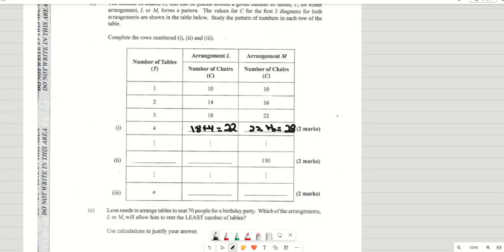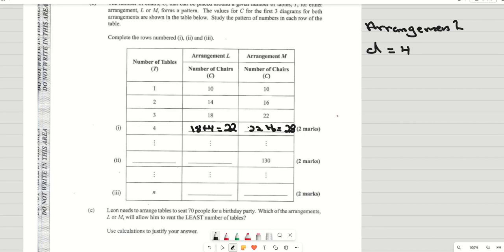If you did not recognize it this way, what we could have done is let's have arrangement L. If we look at this, we see that we have a common difference, or D, of 4, because the common difference between 10 and 14 and 14 and 18 is 4.